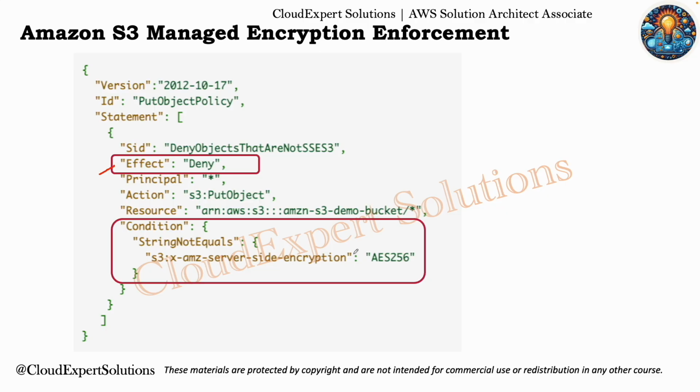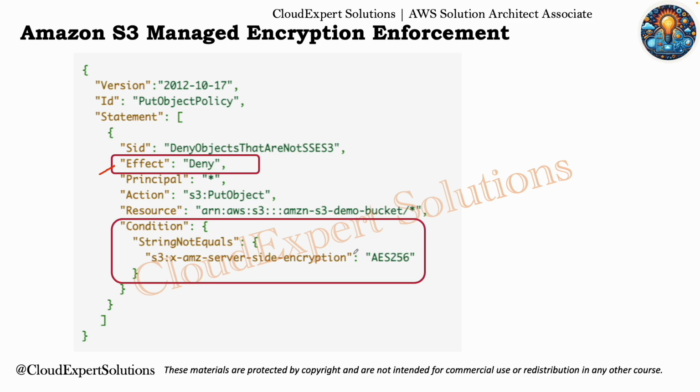We have already reviewed this, that if you are using the API and server-side encryption with an S3 managed key, then you must pass this header in the API request. This bucket policy will enforce that every upload request should come with this particular header and any other header will be automatically rejected.